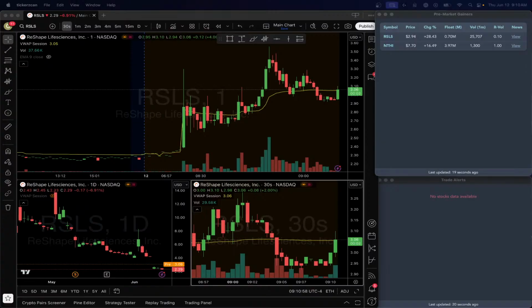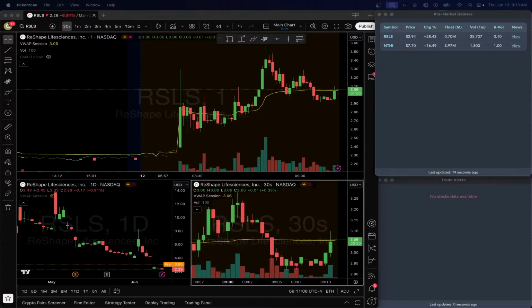Looks like it's coming in. Volume on the 30-second chart is growing, which is a good sign. Do we have enough momentum to get to 3.5? Volume's increasing.